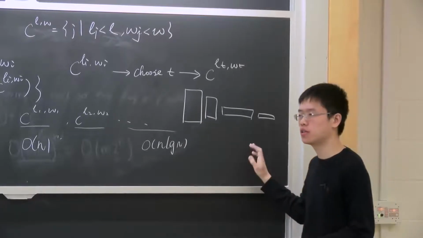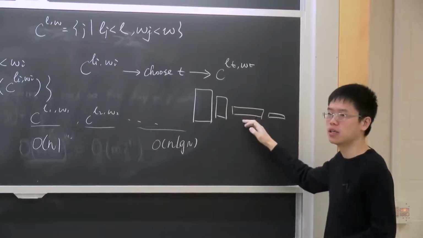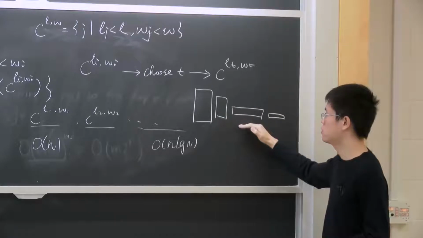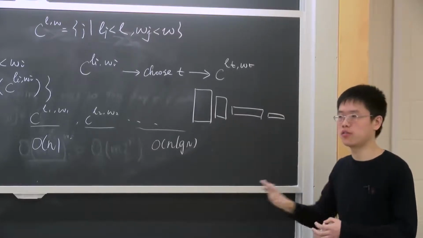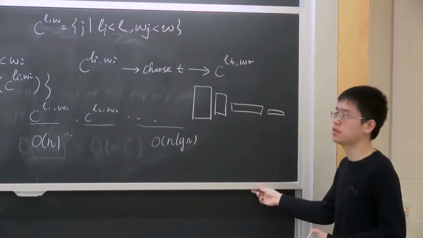It's not entirely clear to me how to do it, but you can potentially consider having another binary search tree that's sorted by width, and you can go in and just delete everything larger than a certain width.